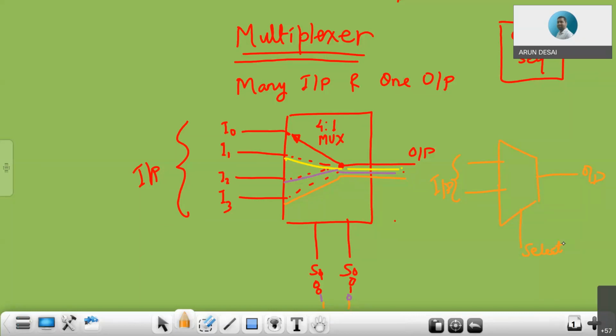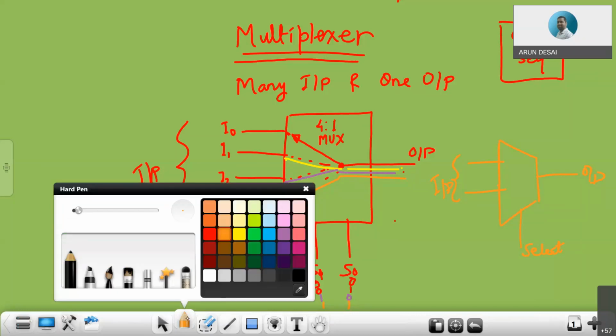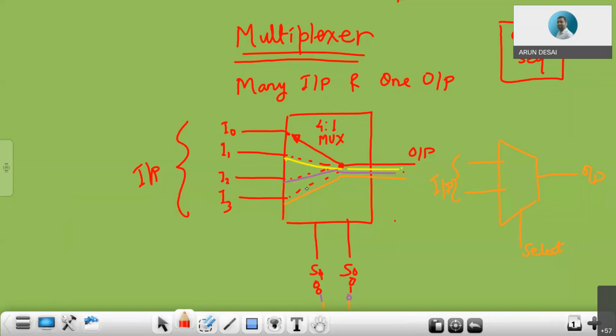So the formula to choose select lines and input lines is n = 2^m, where n is the number of input lines and m is the number of select lines.